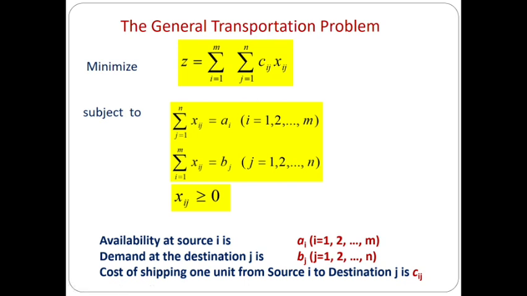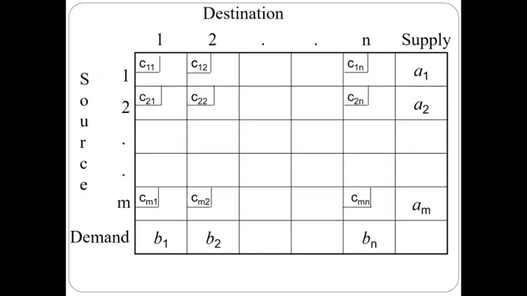There is no need to write the LPP like this, with an objective function and constraint equations. Usually it is not necessary to explicitly build the LP model of the transportation problem. Instead, we usually represent the transportation problem using a transportation table like this. Here you can see the destinations, N in number, and M sources.